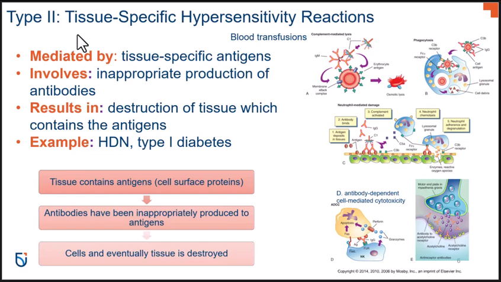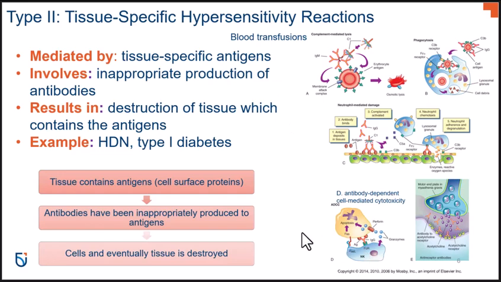It's tissue-specific. It would probably make sense to you for me to say that the symptoms of many of these type 2 hypersensitivity reactions are going to be determined depending on which tissue or organ expresses the specific antigen that ends up being the target.